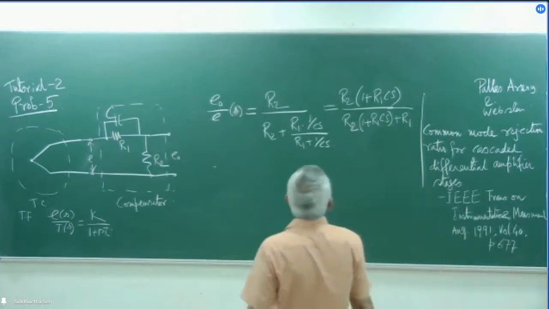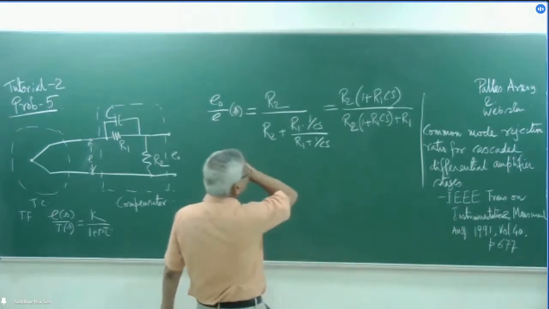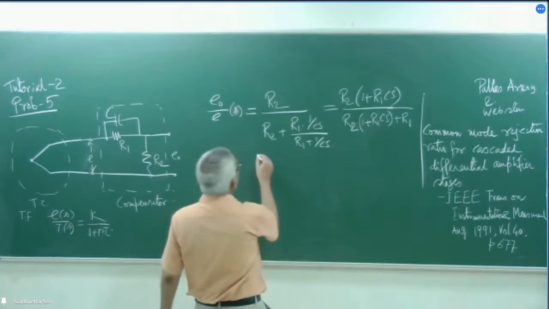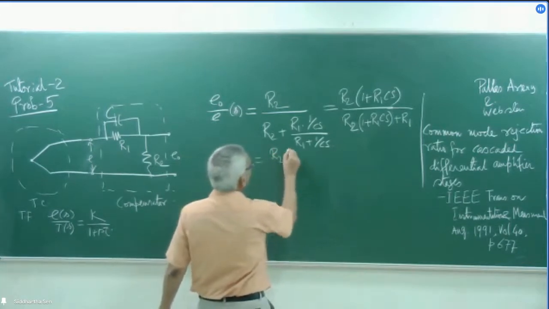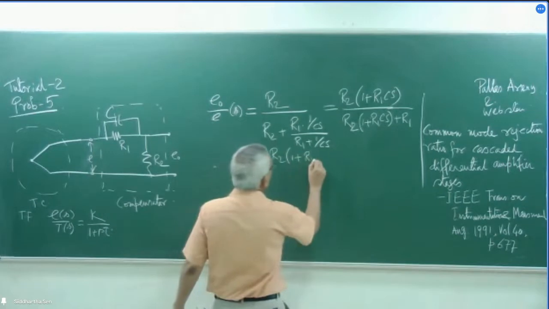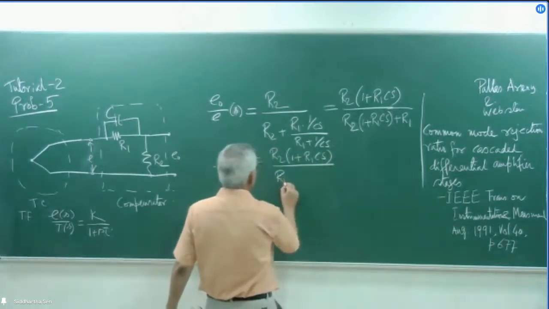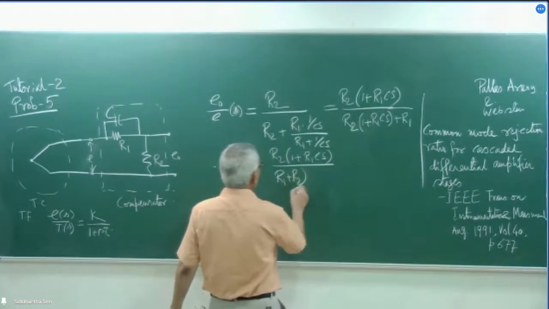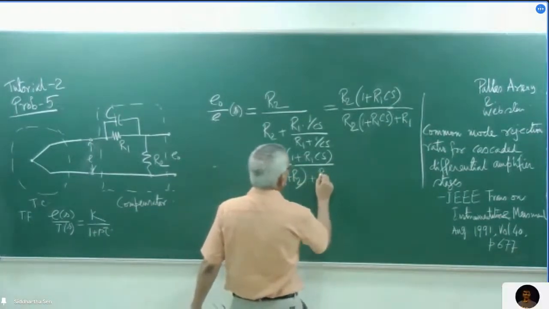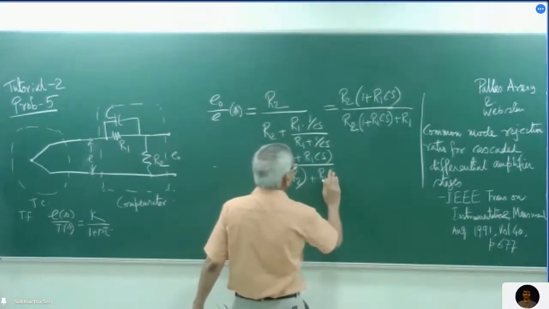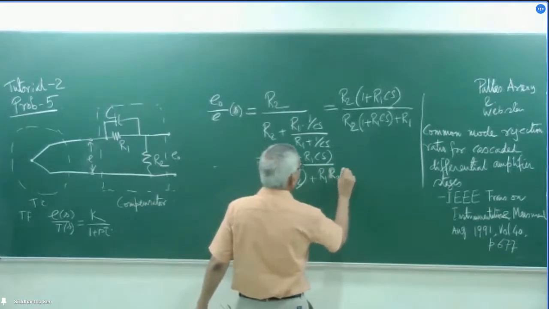So if it is so, then we can say it is R2 into (1 plus R1 CS) divided by (R1 plus R2 plus R1 R2 into CS).